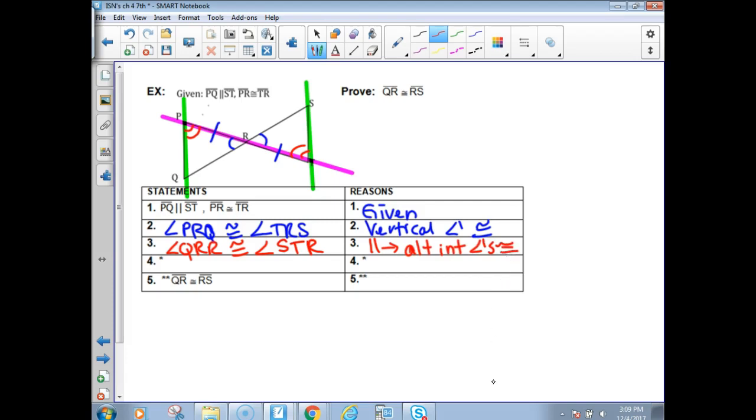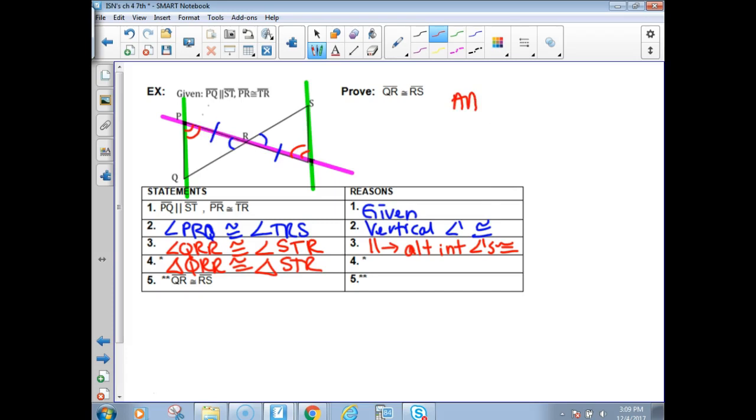Okay, that was, well, what we needed. Now look at the picture and what we have marked. Do we have enough to prove triangles congruent? We do, don't we? All right, let's do it. Triangle QPR is congruent to triangle STR by, okay, now I see two angles and a side.